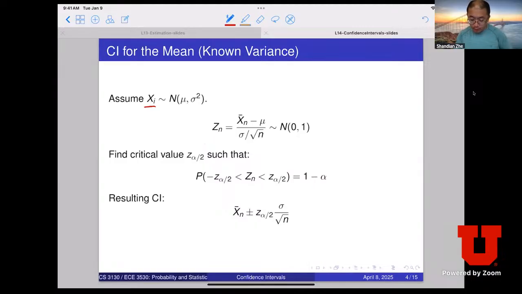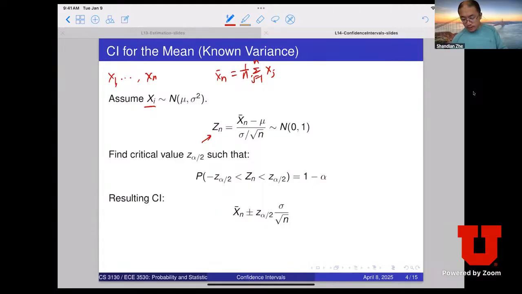we first compute the sample mean, right? Suppose you have n IID random variables, which we have mentioned before in this basic setting, and we calculate the sample mean, which is just the average of these n IID random variables, right? Then we can perform a linear transformation over the sample mean, which we define as Zn here.